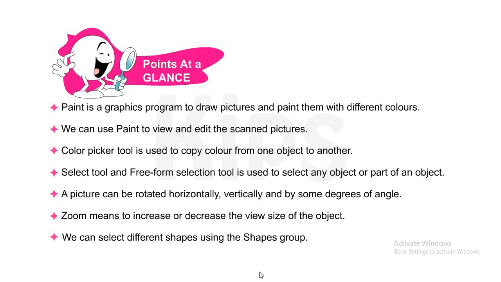Then how to move object, how to copy paste the object, how to draw different shapes, and how to add a color in your drawing. This you also learn with the help of this video.